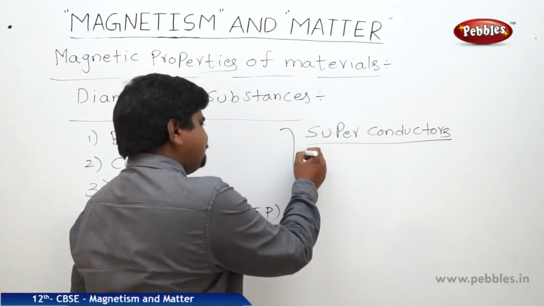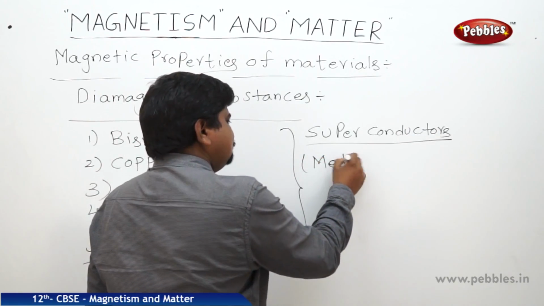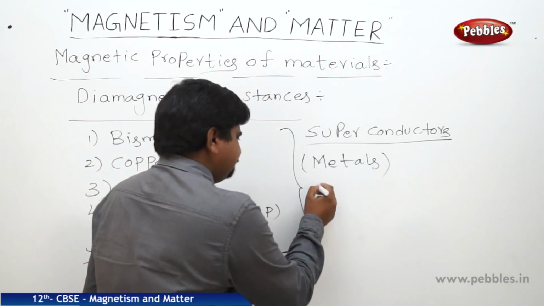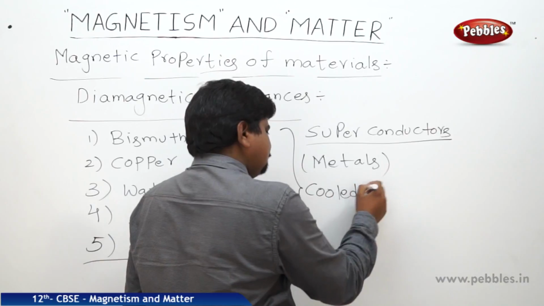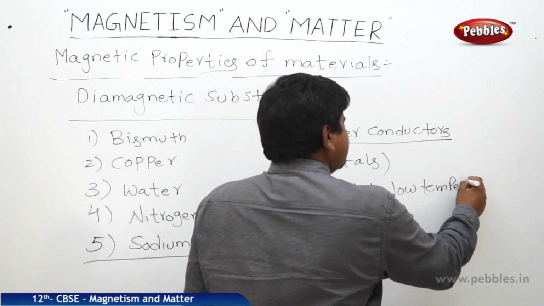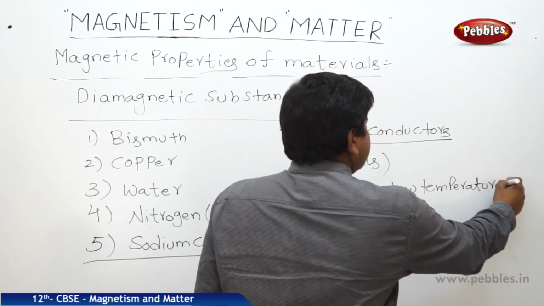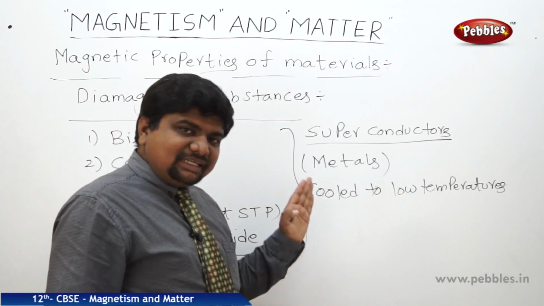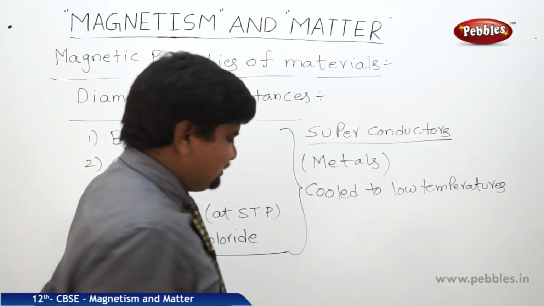Superconductors are some metals. When they are cooled to extremely low temperatures, at those low temperatures they act as the best conductor and the best magnetic substances.